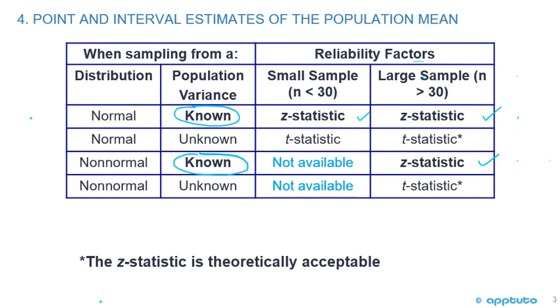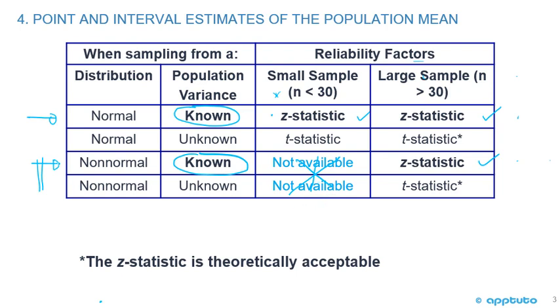Also, if the distribution is normal and you have a small sample size, you can use the z-statistic. But if the distribution is not normal and the sample size is small, then in fact you cannot do any reliability. So just remember, if the distribution is non-normal with a small sample size, there's no reliability that you can do.